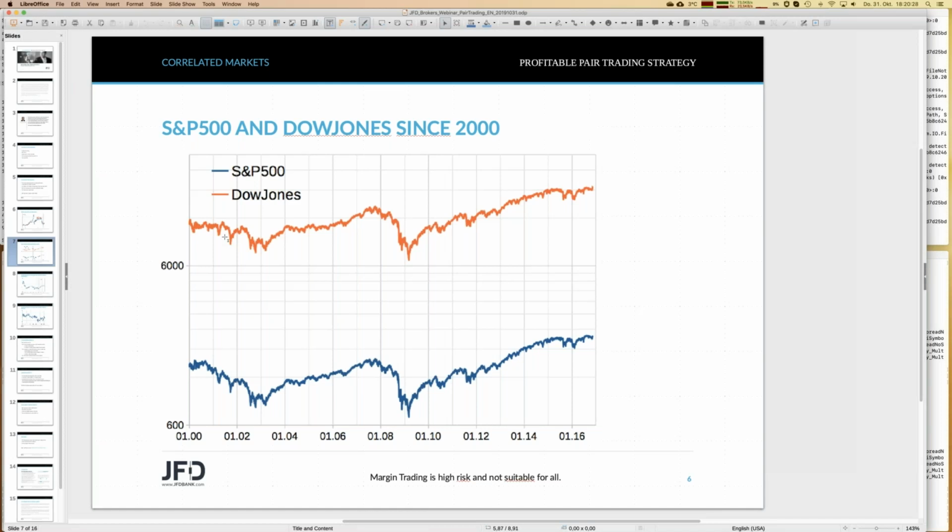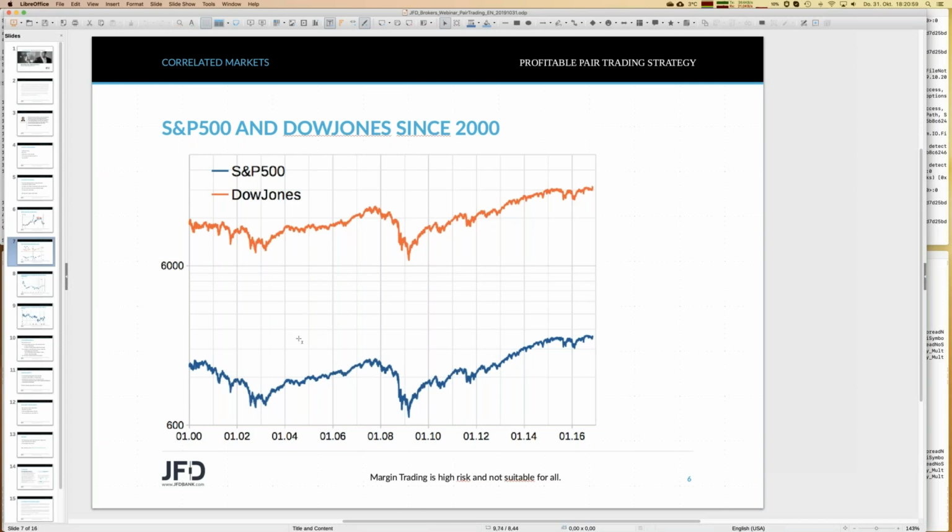But can you imagine that for 1 year, like in the financial crisis, one goes down and the other one goes up? That would be a crazy situation. So these are highly correlated markets, and therefore this is another good example to use as a base for a pair trading strategy.